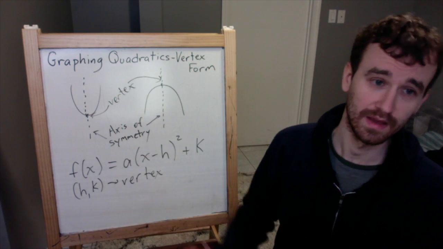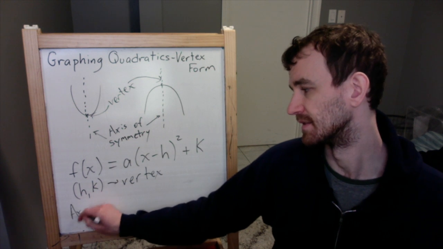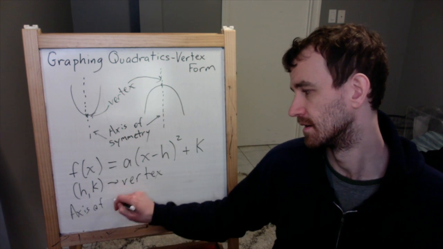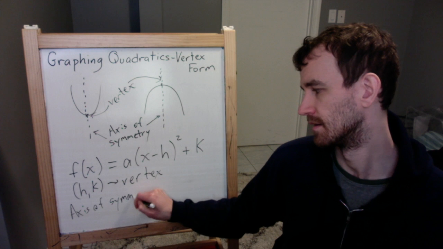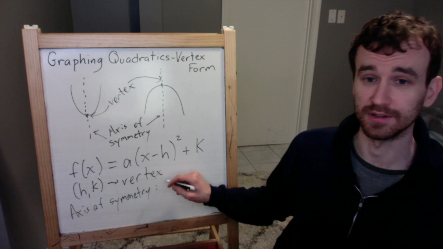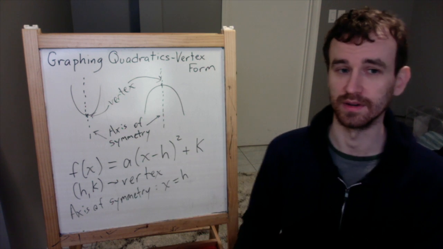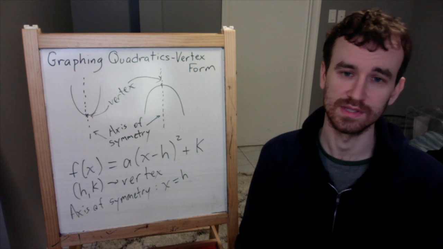And since the axis of symmetry passes through the vertex, then the axis of symmetry will be the vertical line. A vertical line has equation x equals a number, and it's just the x coordinate of that vertex, x equals h.